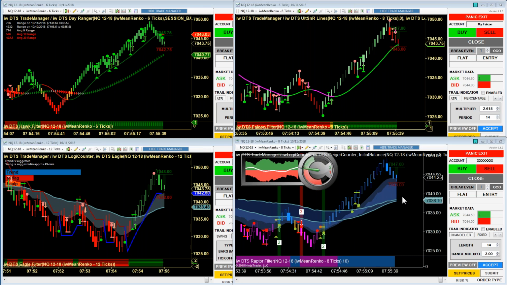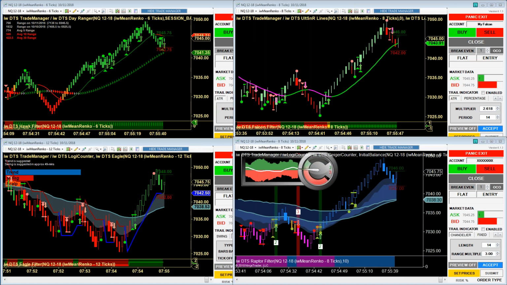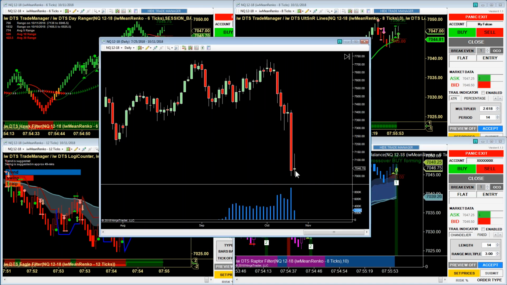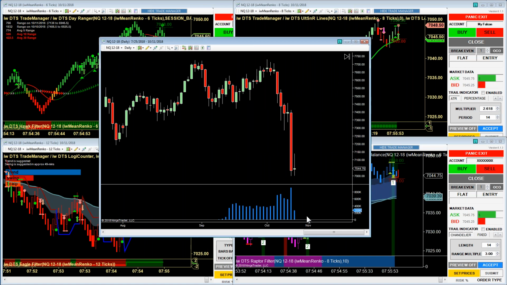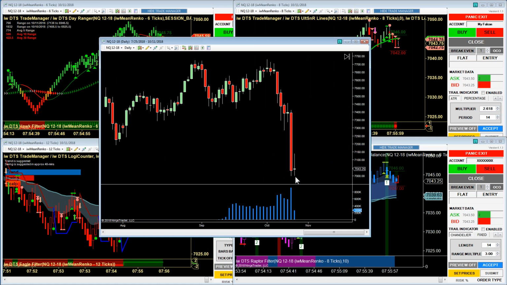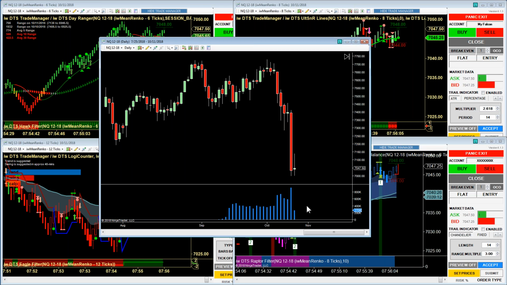But in spite of the extreme volatility today, if you take a look at the daily chart, the market's still very, very neutral. Of course, if it gets below yesterday's lows, or today's lows for that matter, if it gets below 7,000, expect more selling to ensue.